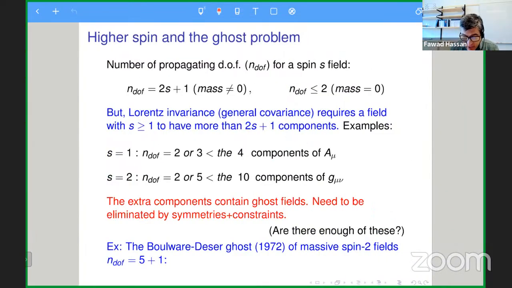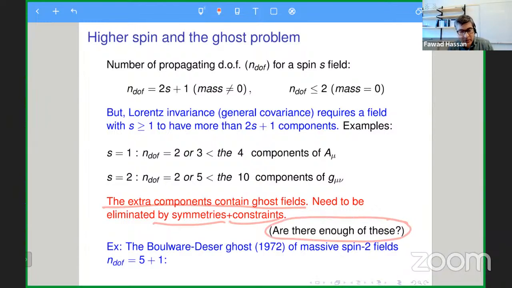Now, these extra components generically always contain ghost fields. So these unphysical components always contain at least one ghost mode, which you of course want to eliminate from the theory. And generically, these ghost modes are eliminated by symmetries or constraints, or a combination of symmetries and constraints. And the question is, for a generic theory, do you have enough symmetries and constraints to eliminate the ghosts or not?